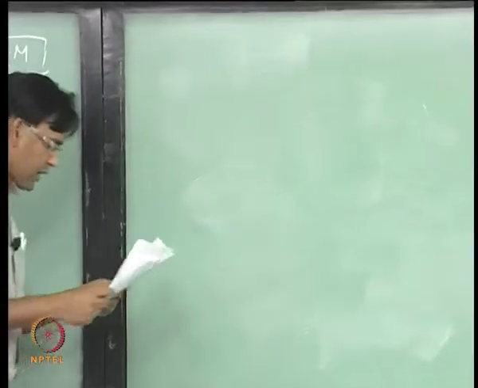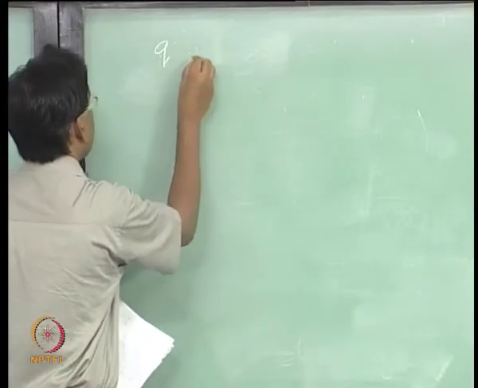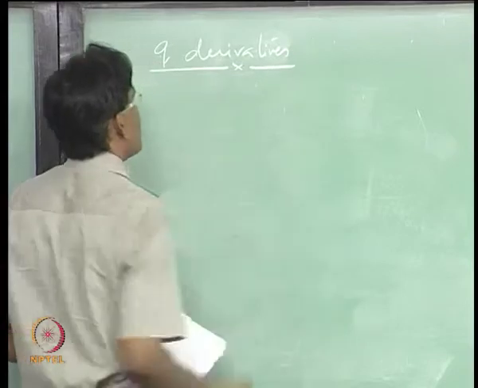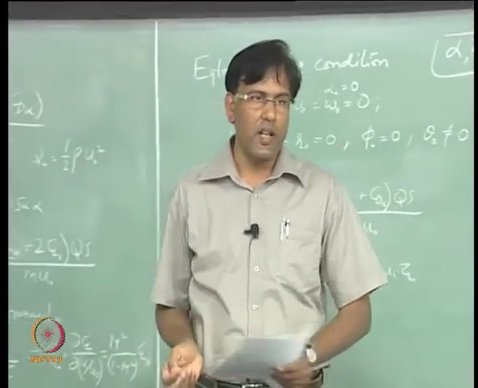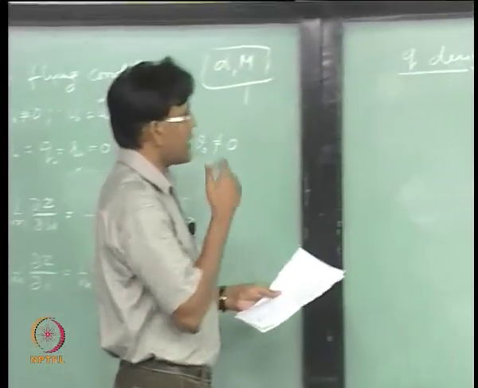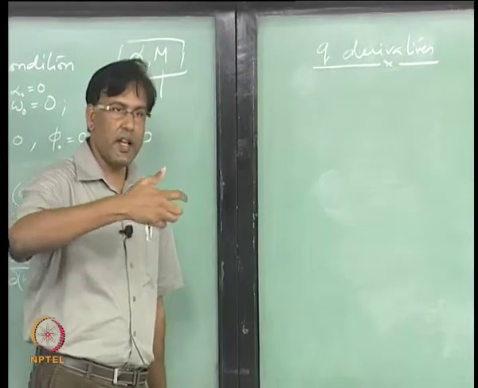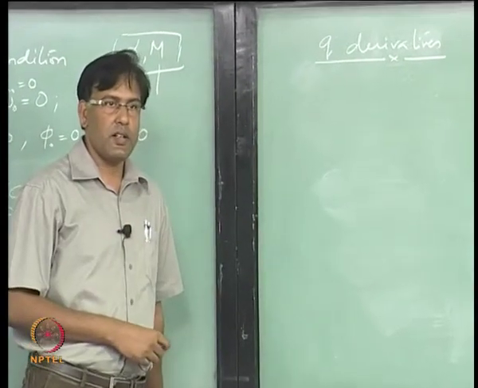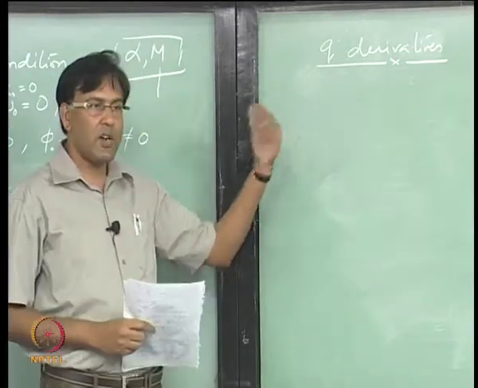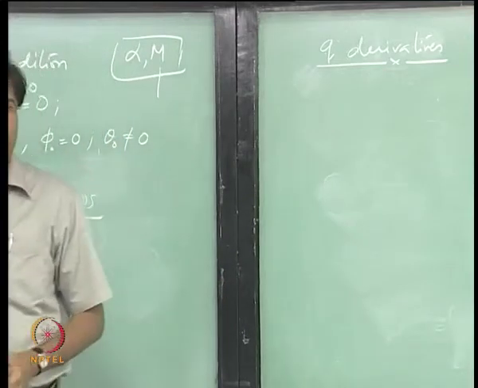Okay. So, I am going to look at some more derivatives, because it may not be possible to look at all of them. Let us look at Q derivatives. So, the aircraft is having a steady pitch rate, and now I want to find out how that is going to affect the forces and moment.